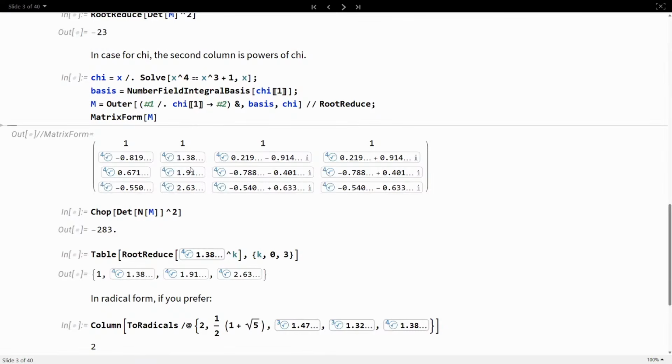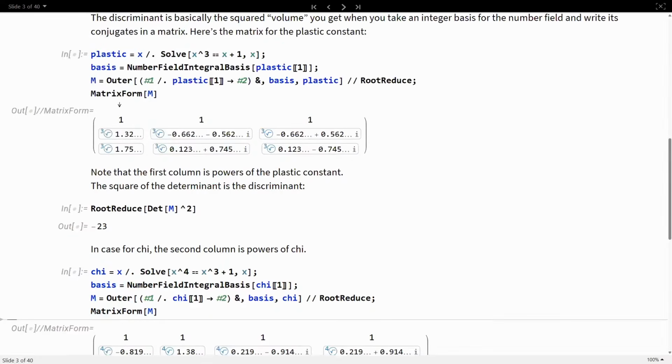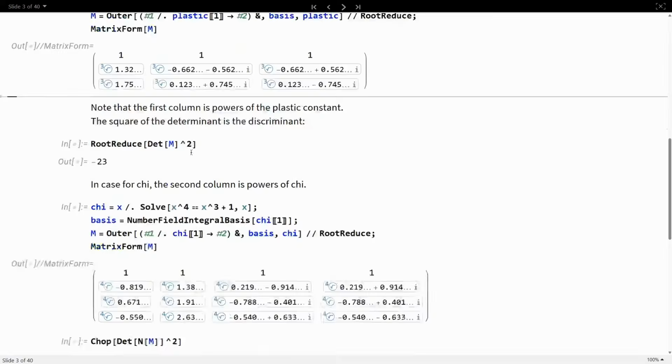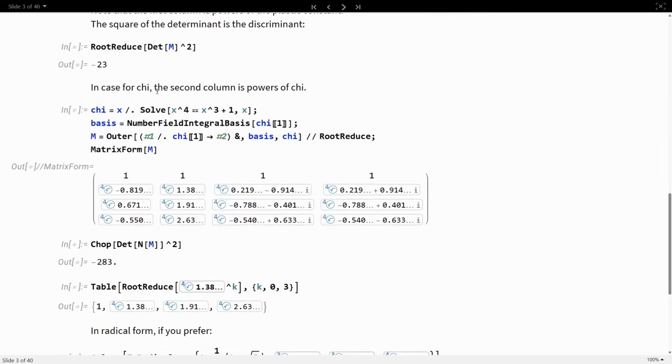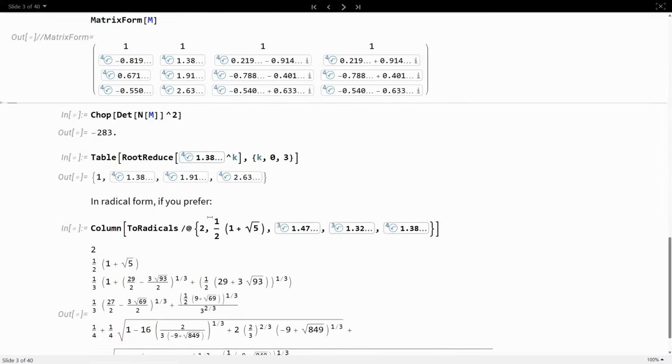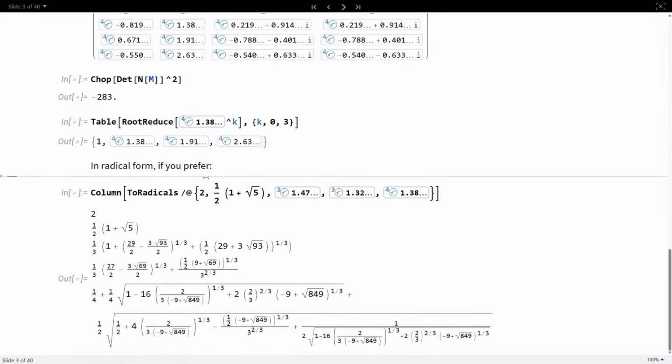It's slightly larger. Note how in the plastic constant, this first column is powers of the plastic constant. For chi, it's the second values. The second column are powers of the chi constant. All of these have strange representations under radicals.